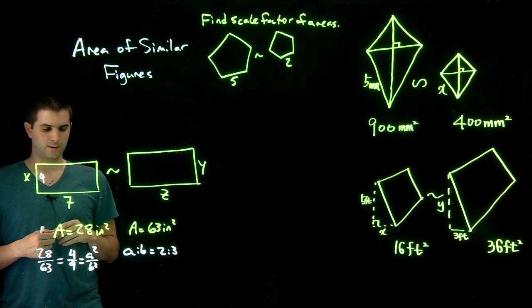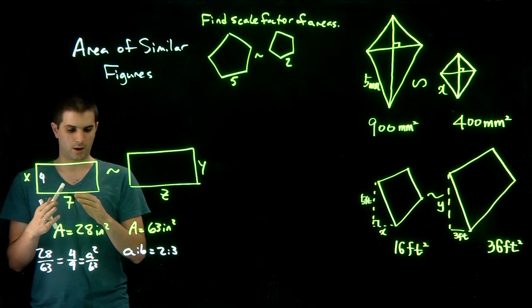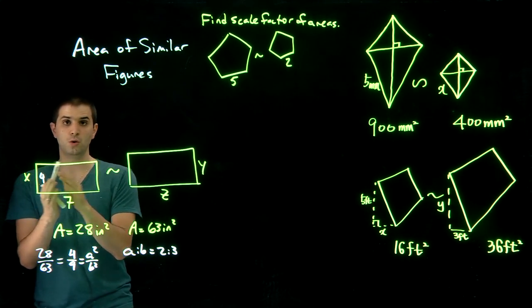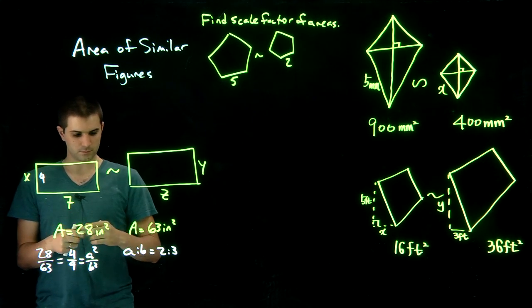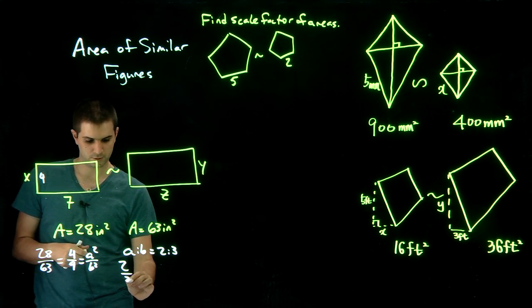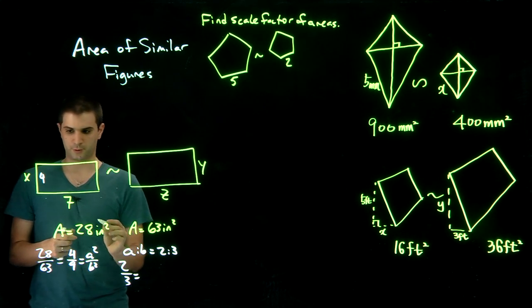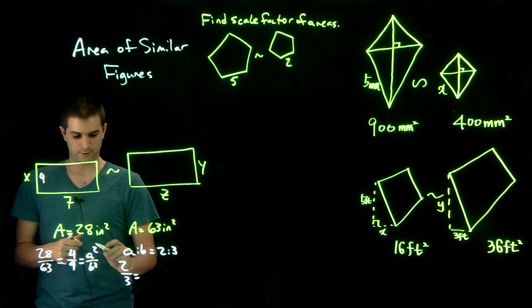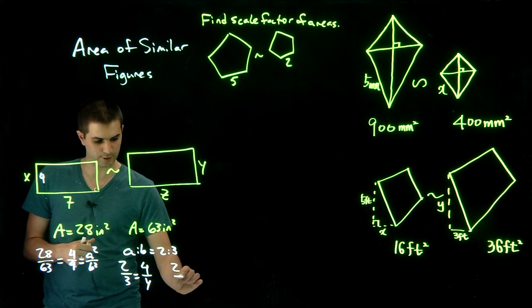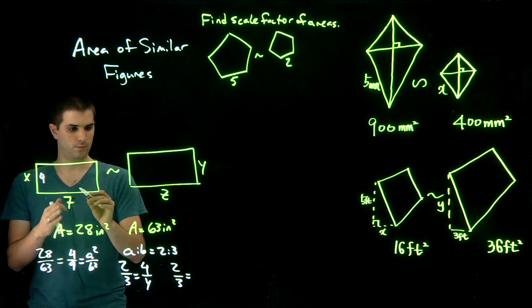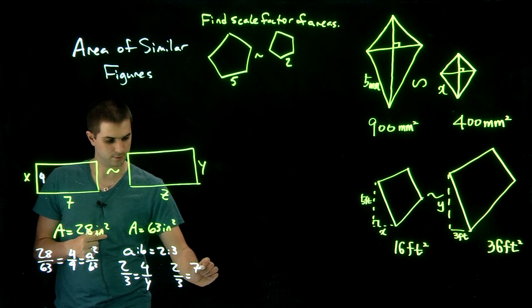Now if the ratio of this to this is 2 to 3, then 2 over 3 equals 4 over y, and 2 over 3 equals 7 over z.